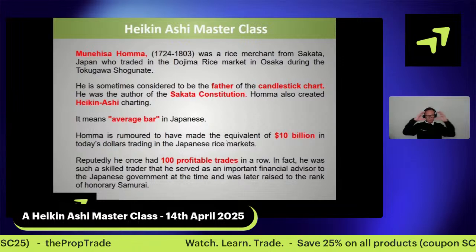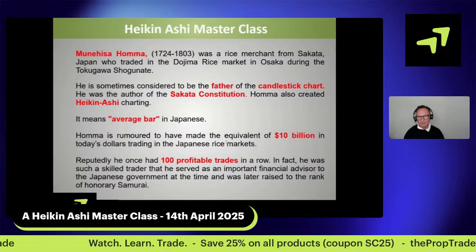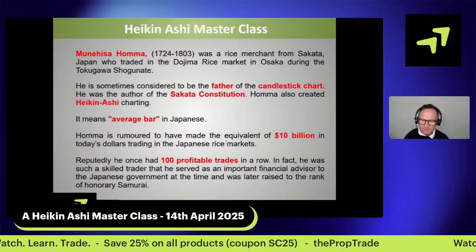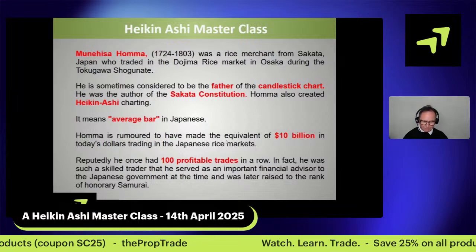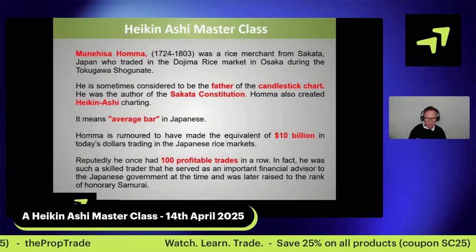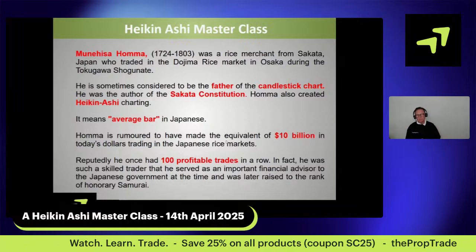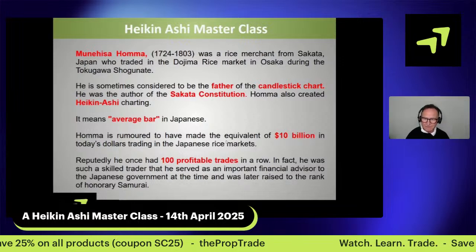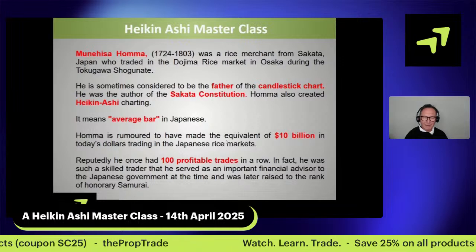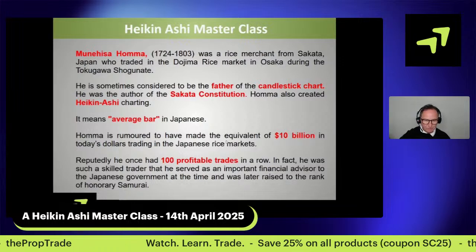Samurai were held in very high esteem in Japanese society and still are today. To be promoted was a very significant honor within a very structured Japanese society back in the 1700s. So he's a very significant man that had a big impact on the things we do today.